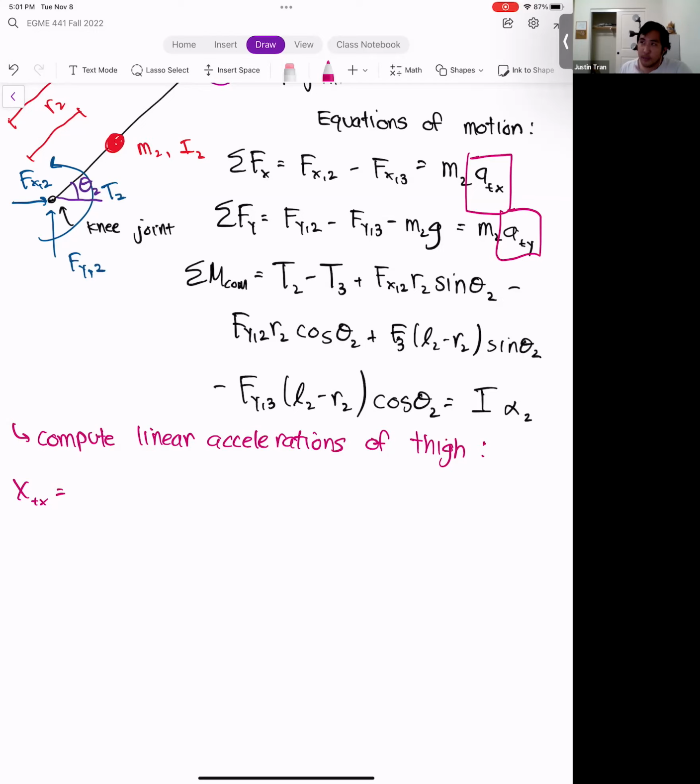The same thing is going to apply here, and so it's tempting to say that the x of the thigh is just going to be R2 times cosine theta 2. And so this on its own would just be the x position of the thigh relative to the knee.